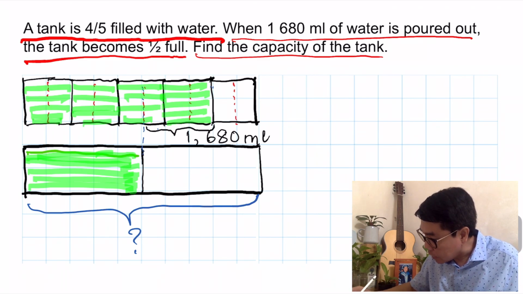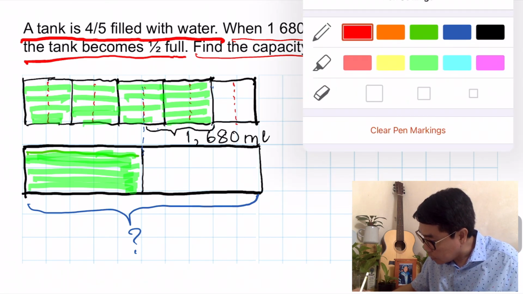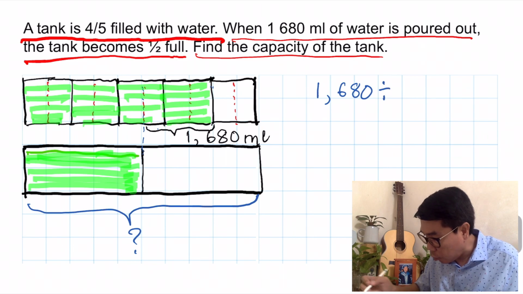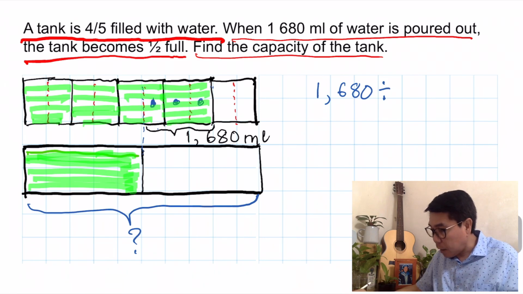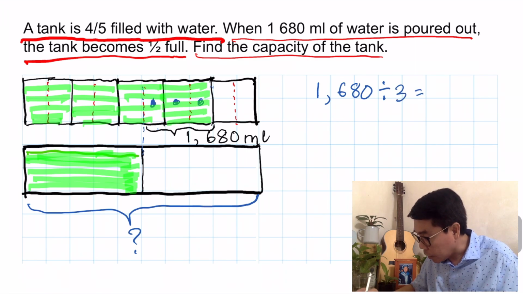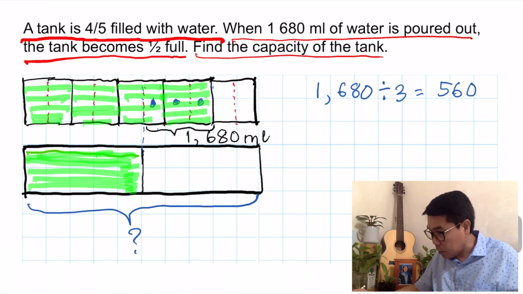So we can see that 1,680 should be divided by how many blocks? So 1, 2, 3. Okay, 3 blocks. So 1,680 divided by 3 equals 560.